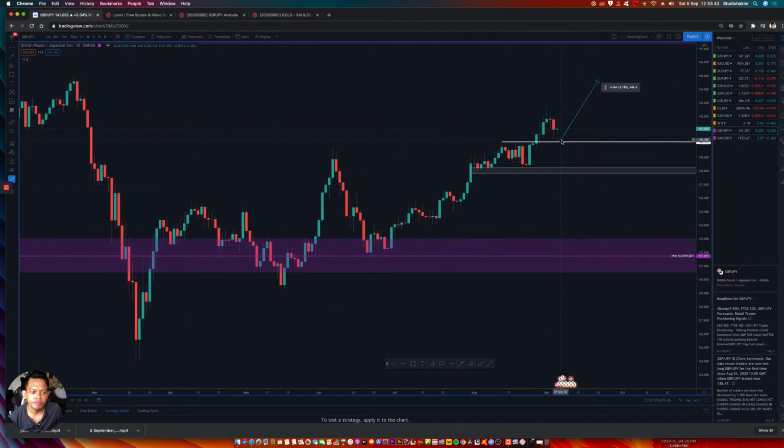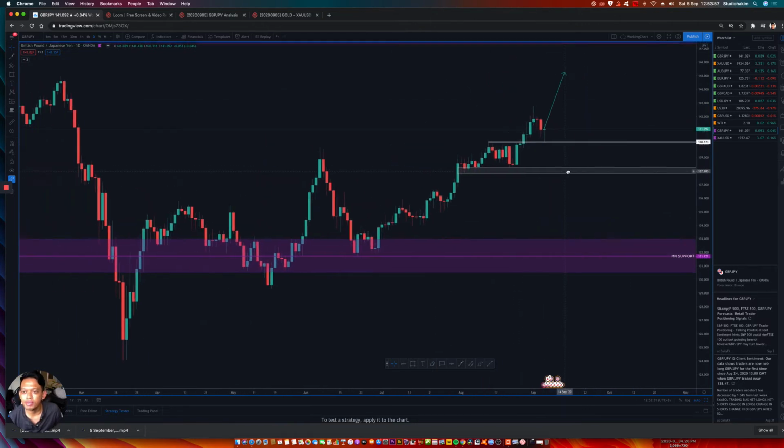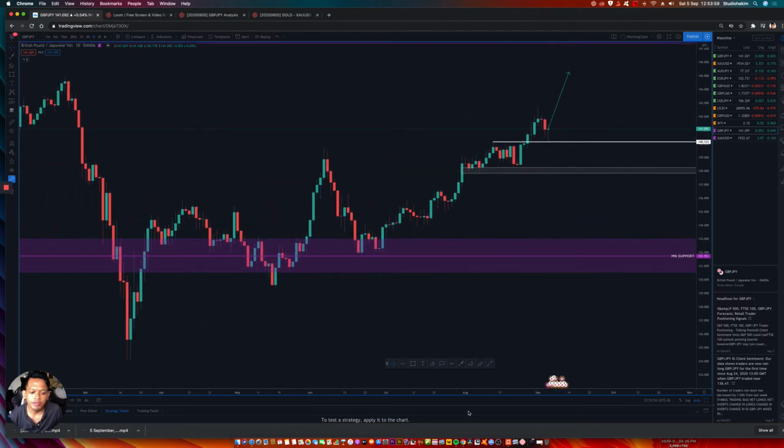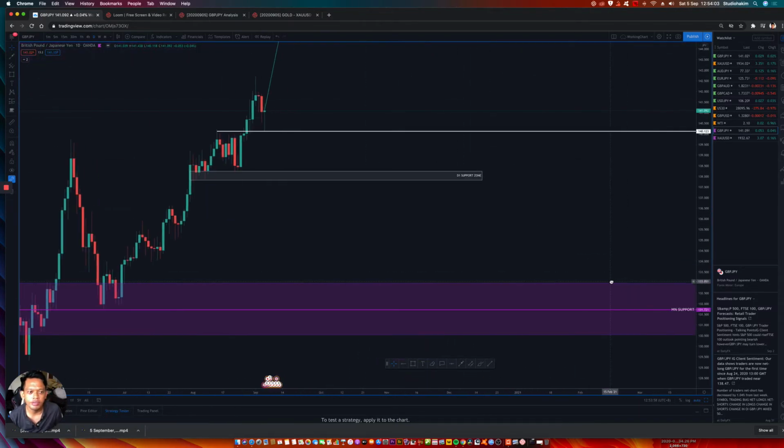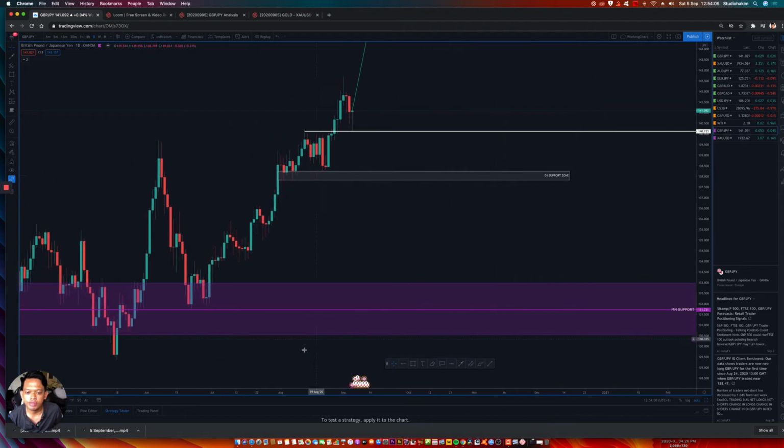It might do a retrace and go up, or from here create a new support to go up, because again my bias is going long, but it depends on the price action when the market opens. So this is the D1 support zone.